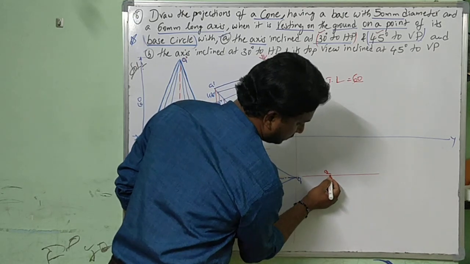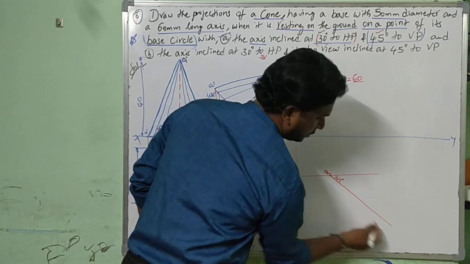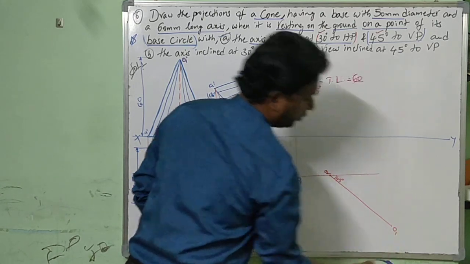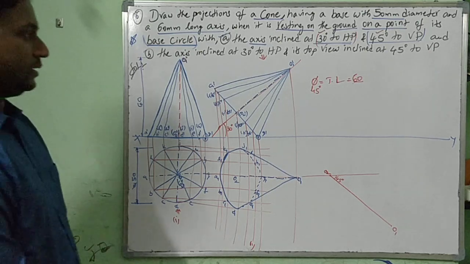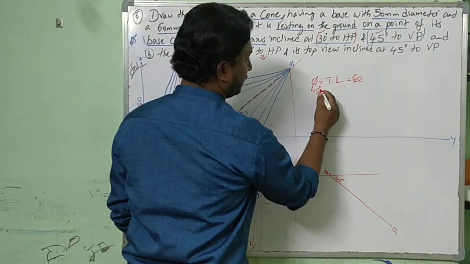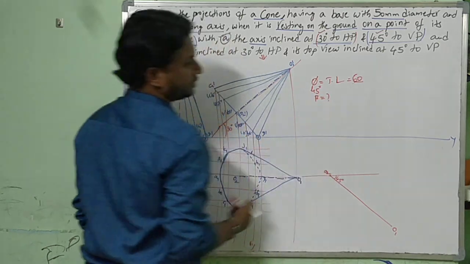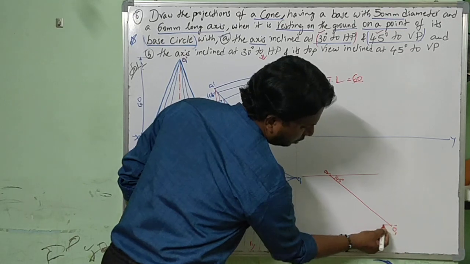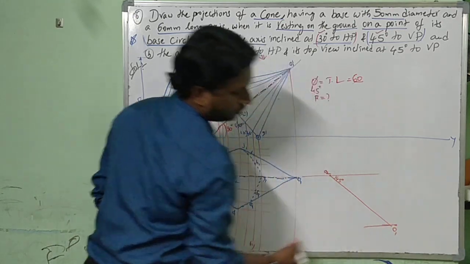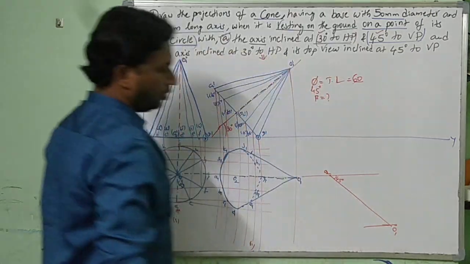That's also part. O2, O1. Hope you all understand. Now, this 45 degrees in the top view is going to become the apparent angle beta, which is to be found. Now, for that, what do we have to do? Draw a locus line.